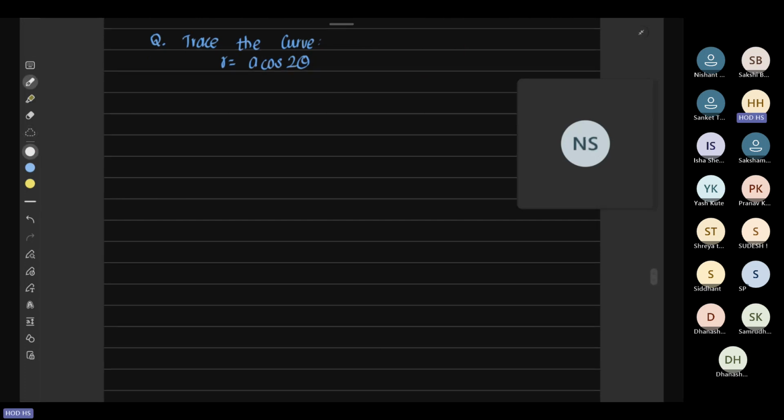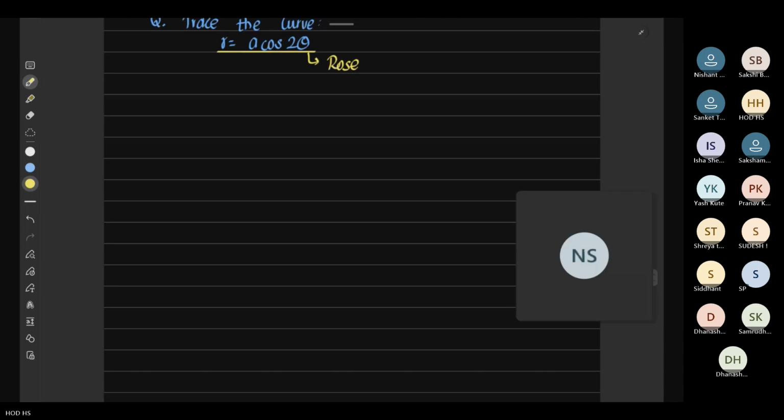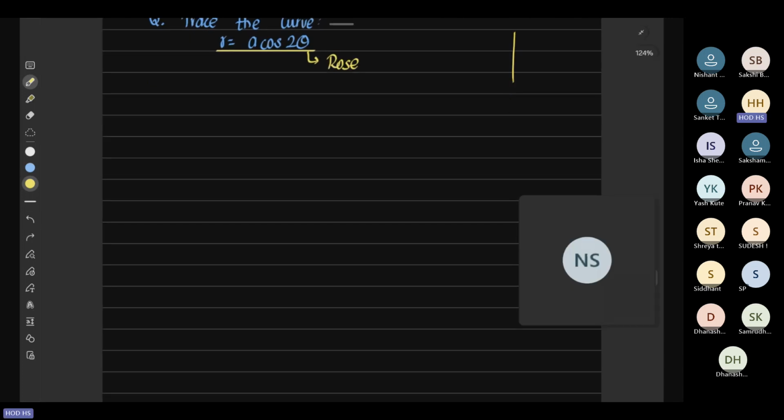Okay. So again, this curve we can recognize as a Rhodonea curve, or rose curve. And since this is a rose curve, we know its shape. It will have some number n of petals. Here, the n sitting here is an even number, so it will have 2n petals.